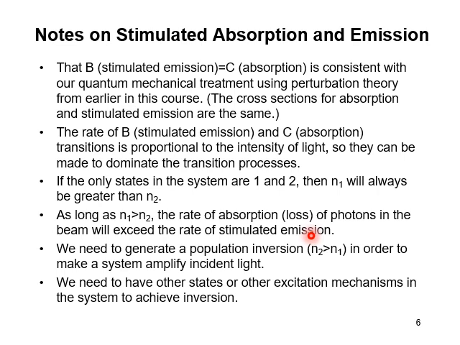So we can't make a system that operates with stimulated emission just using two levels in this way. We need actual population inversion, where N2, the number of atoms in the upper state, is greater than N1, the number of atoms in the lower state, in order to make the system amplify incident light.